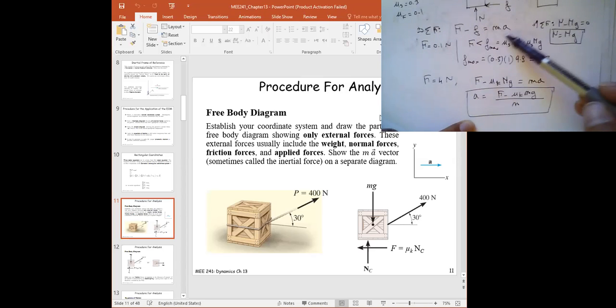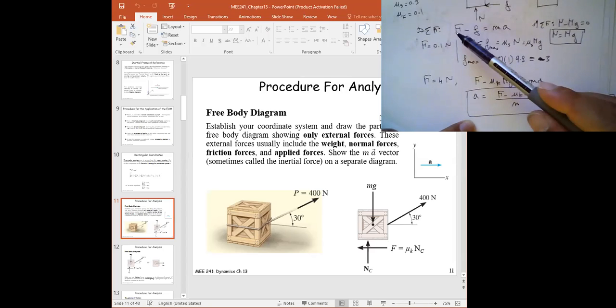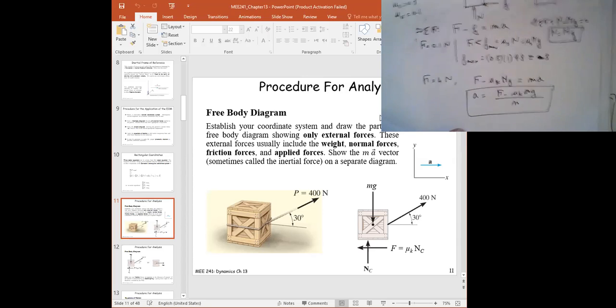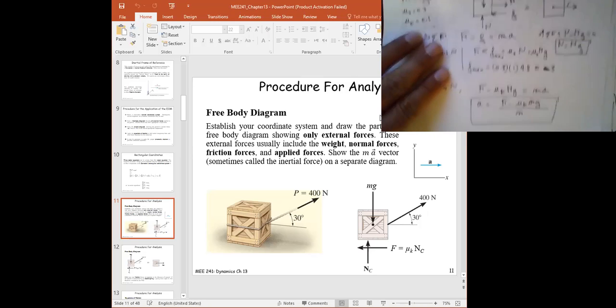If you test F minus mu s mg and you find a to be positive, it means that the force is greater than the maximum friction. Then you update the friction, making it equal to mu k times mg, and then you can solve for the acceleration. Once you do some examples on that, you will understand it very well.